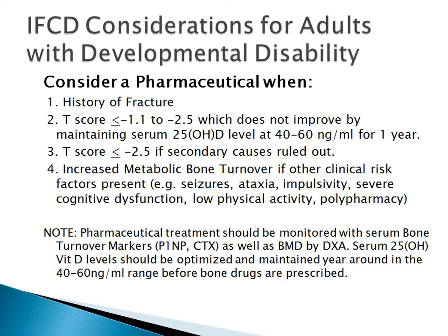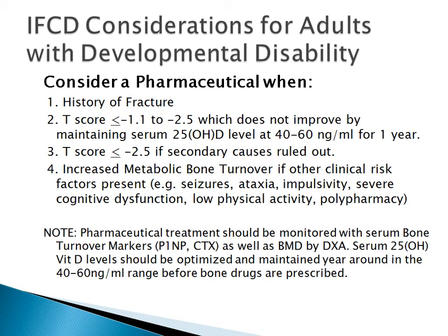Now, thinking about adults with developmental disability in particular, the IFCD has been struggling with this issue, and these are by no means widely discussed, but we're starting a discussion about the problem in people with developmental disabilities. So the IFCD is throwing out these suggestions.